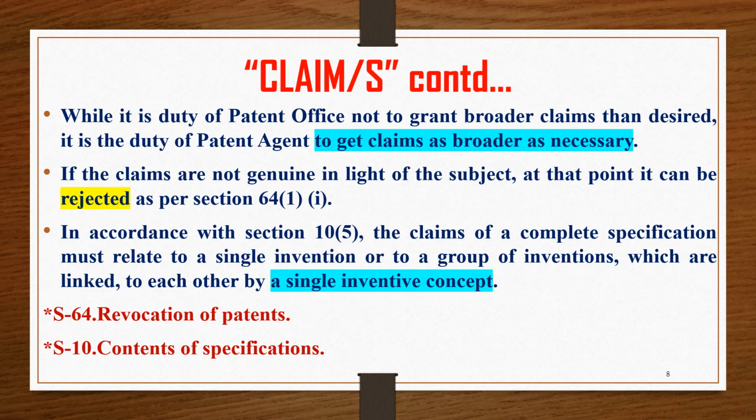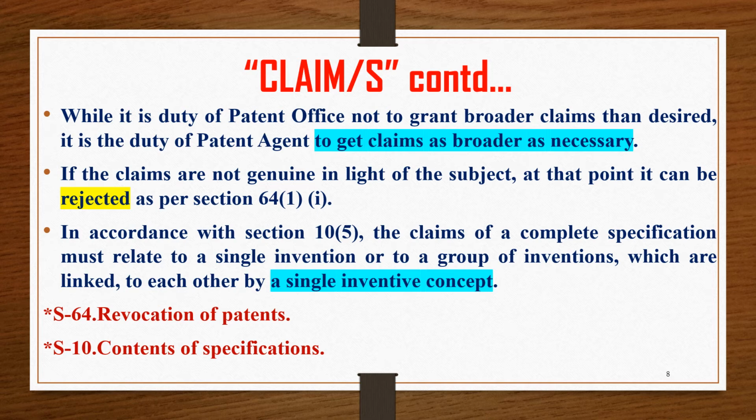The next point is, in accordance with section 10 subsection 5, the claims of a complete specification must relate to a single invention or to a group of inventions which are linked to each other by a single inventive concept. For this, please refer to section 10 subsection 5, where the title for section 10 is Contents of Specifications.